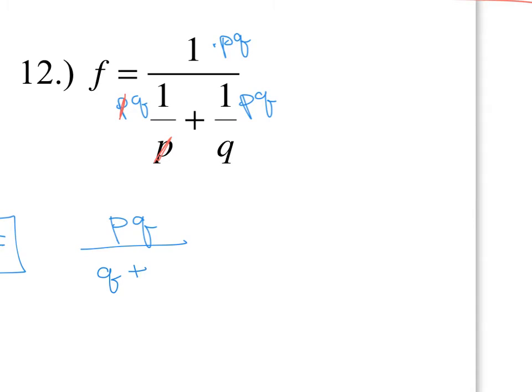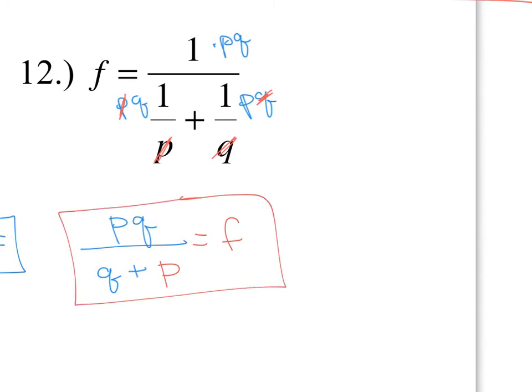And then in the lower right fraction, we have p times q divided by q, so my q's have the common factor. And that'll just leave me 1 times p, which is just p. And that's as far as you can go. Again, I'm going to write that as equals f, since the original problem had an equation. I'm just going to keep it equal to f.